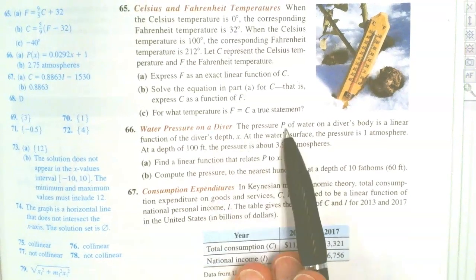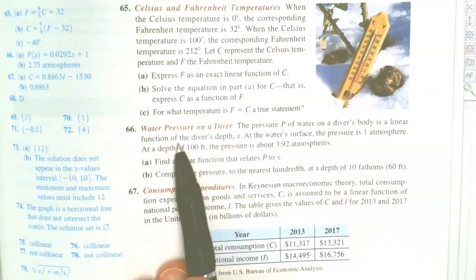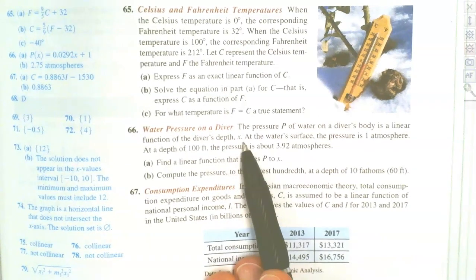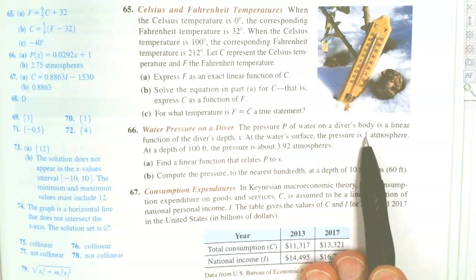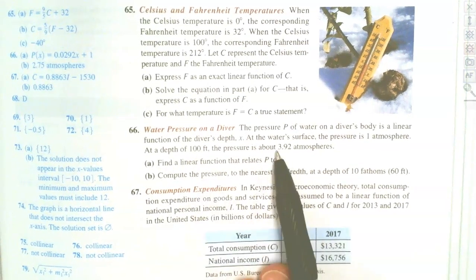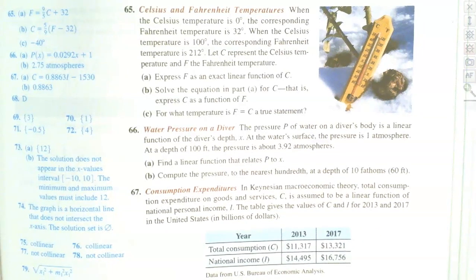So the pressure P of water on a diver's body is a linear function of the diver's depth, x. At the water surface, the pressure is 1 atmosphere. At a depth of 100 feet, the pressure is about 3.92 atmospheres. We want to find a linear function that relates P to X.